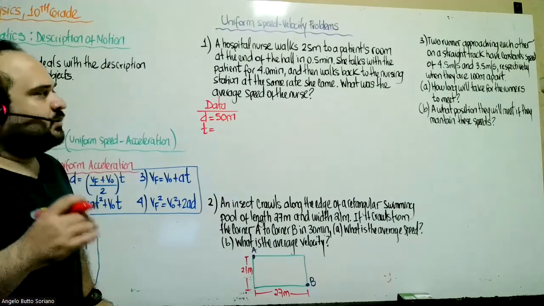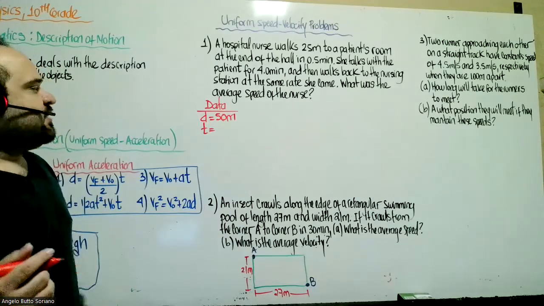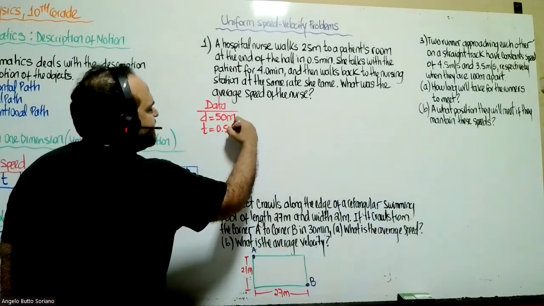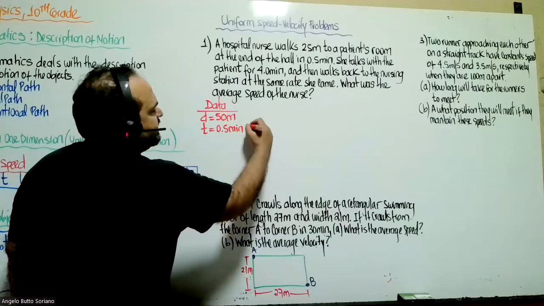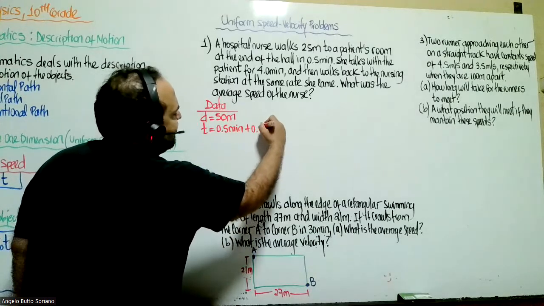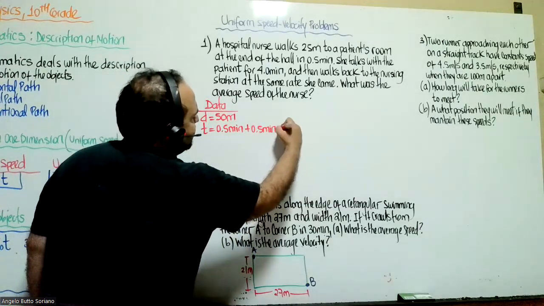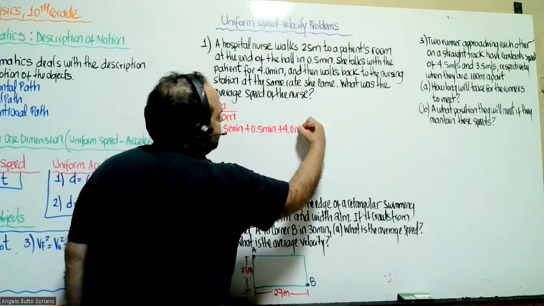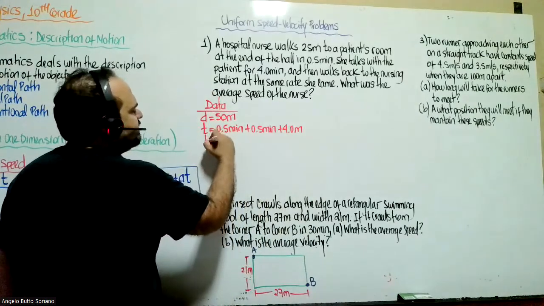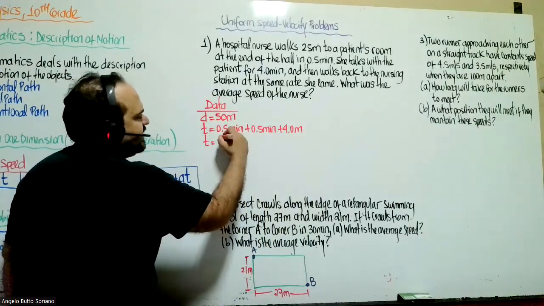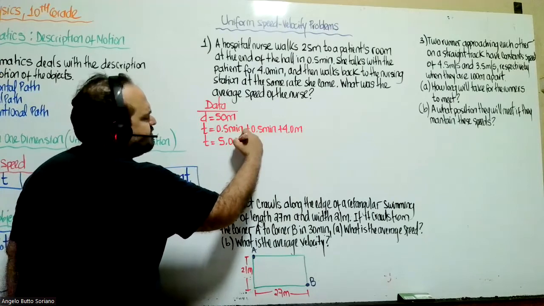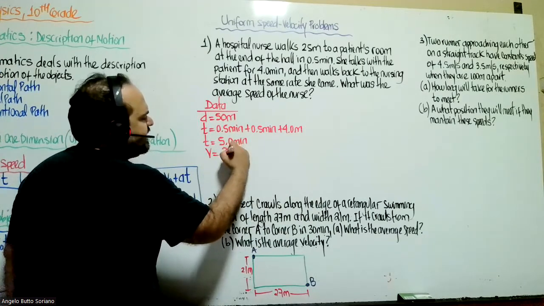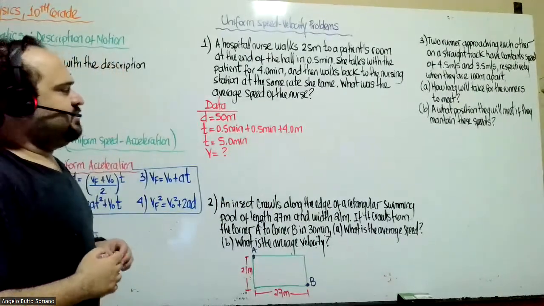The problem always considers the total period of time. For that reason, if you add 0.5 minutes from the first track, plus 0.5 minutes for the second track, plus the 4.0 minutes that the nurse is talking with the patient, we can conclude that the total period of time will be 5 minutes.